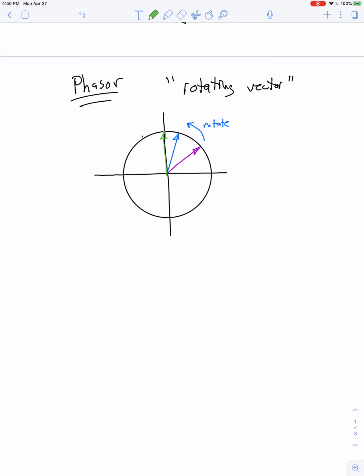In fact, let's think of it like this. Let's say that the length of that vector represents the maximum EMF. So in the case of a household outlet, that would represent a vector with a length of 170 volts. Well, the instantaneous value, the value of the voltage you get from the hot in a household outlet is constantly varying.